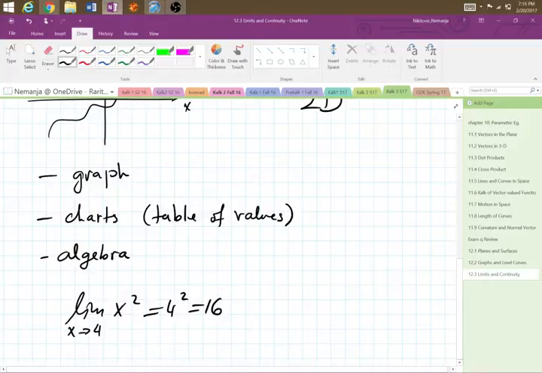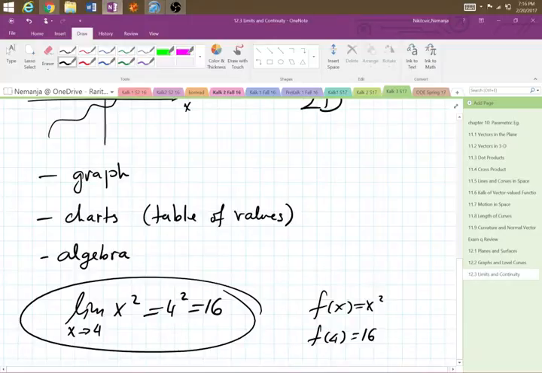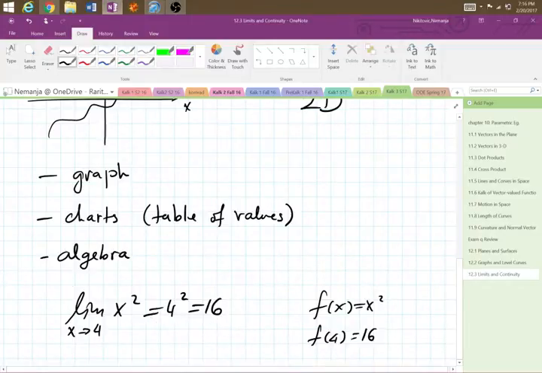But the limit is much more powerful than just figuring that out. I can just say f of x equals x squared, f of 4 is 16. I can use pre-calculus for this, and that's what I did.